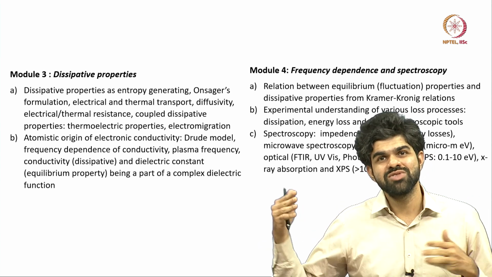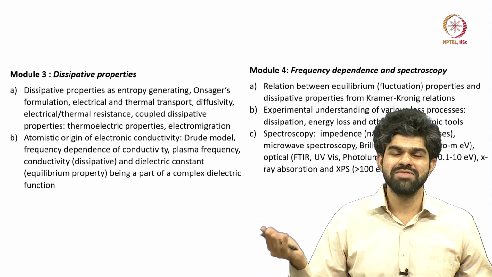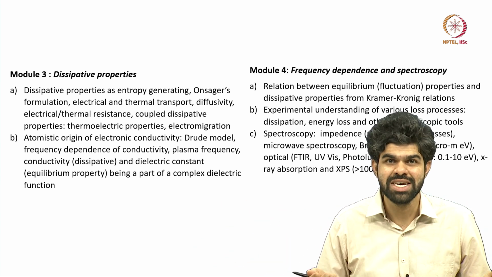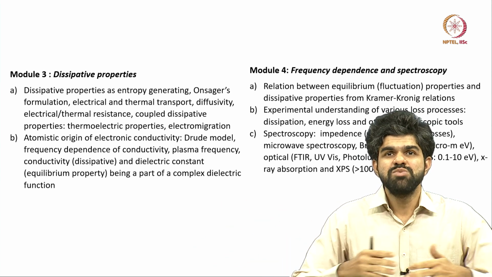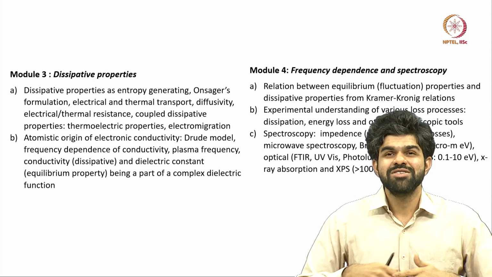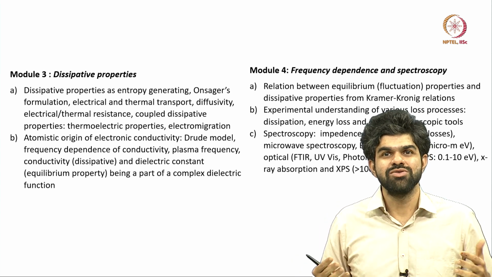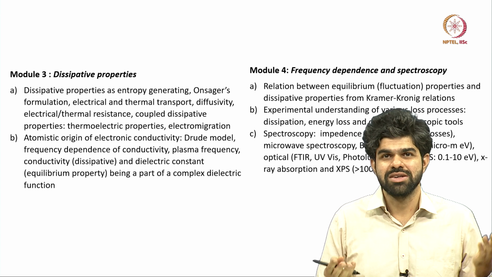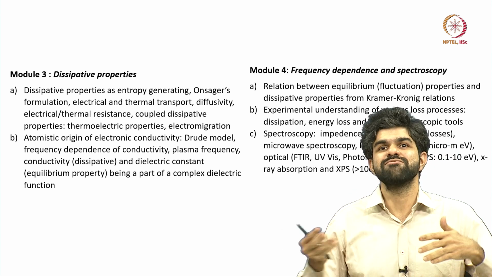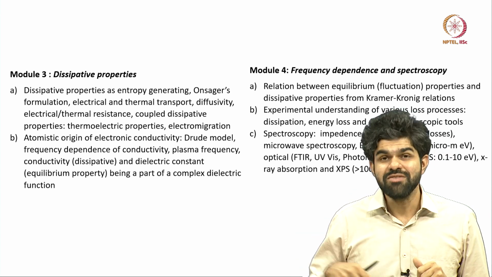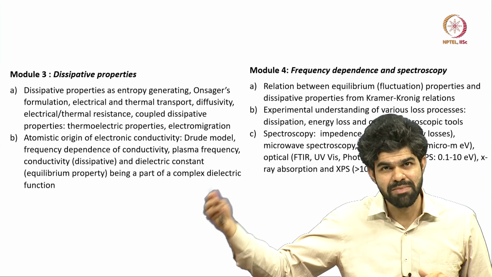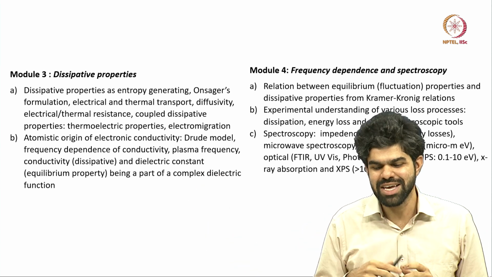It is not that the dissipative and conservative properties are somehow unrelated. There is this beautiful framework called the Kramers-Kronig framework, which tries to relate the conservative and the dissipative properties, which are dissipating the same form of energy, either mechanical or electrical or electromechanical, and so on and so forth.